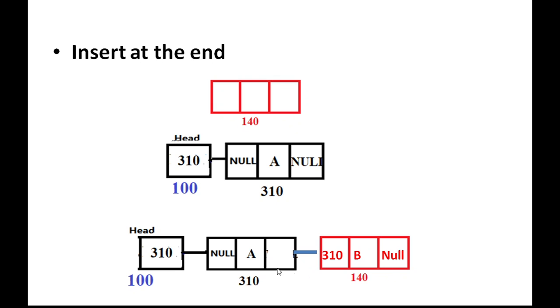And after that we have to change the forward pointer of the previous last node with the address of the new node. So 140 is written here, and this completes the insert operation. So we just have seen how to insert at the end of the existing list.